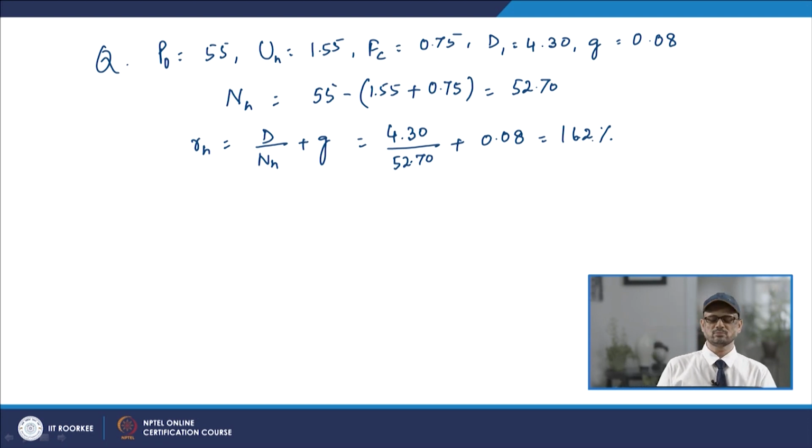Now, the cost of this new stock will be greater than the cost of the current stock, because you are dividing the dividend by the new net proceeds, which are less than the current price.